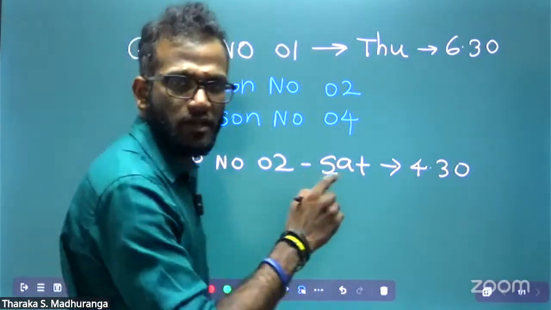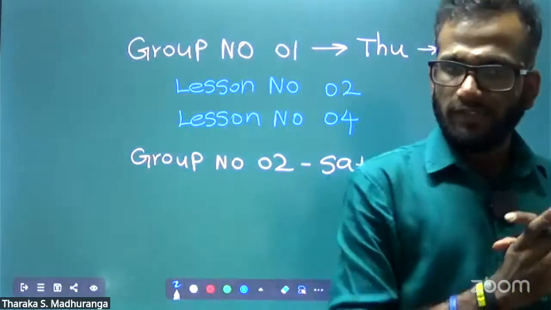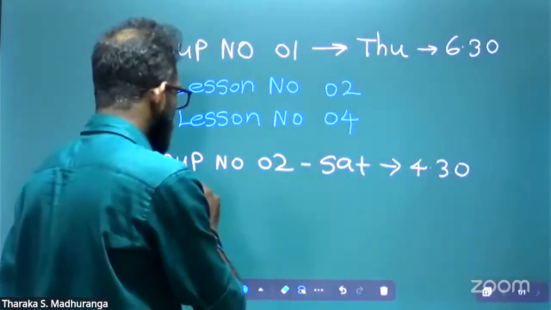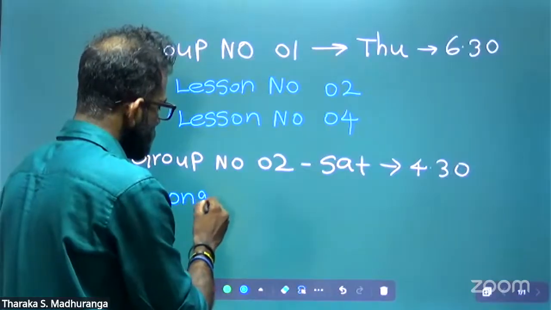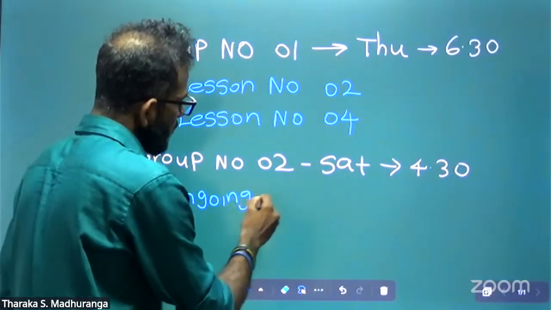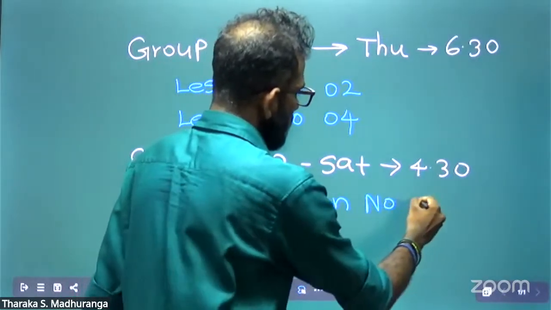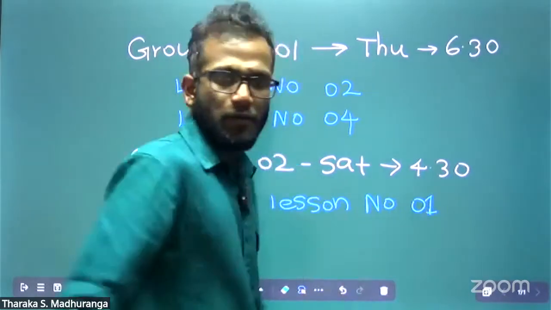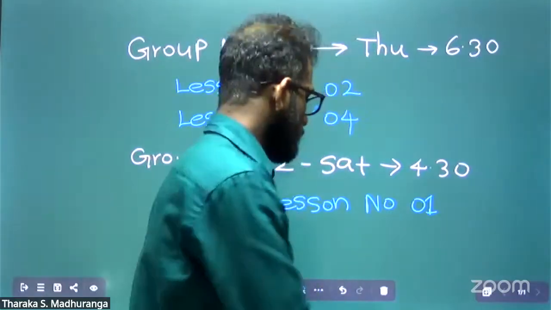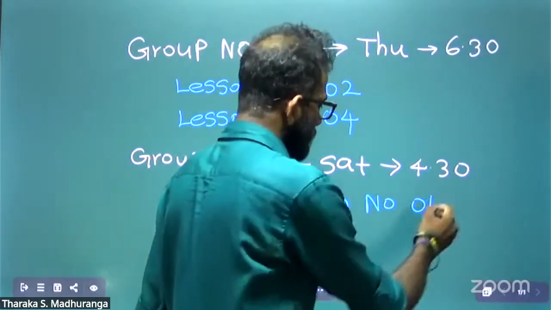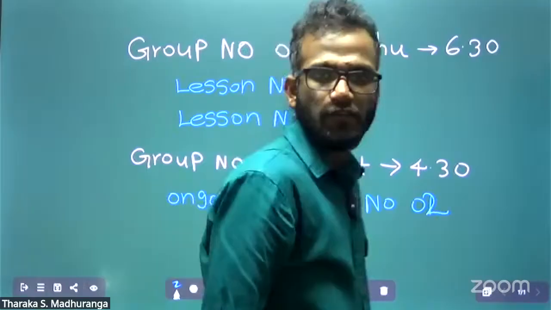We are at the end of the first lesson, and the ongoing lesson is number 2. Lesson number 2 means our first lesson here. Measurement is not our first lesson.